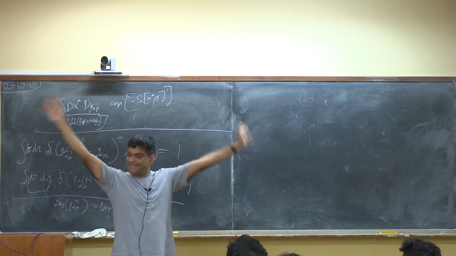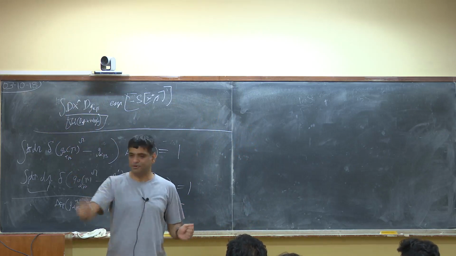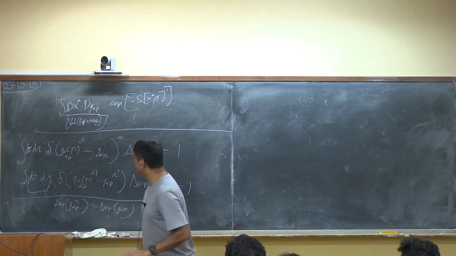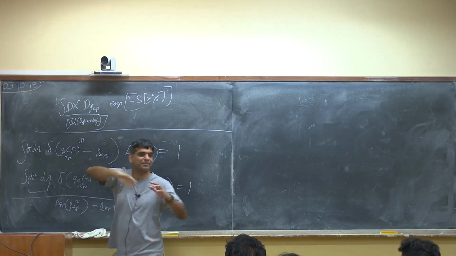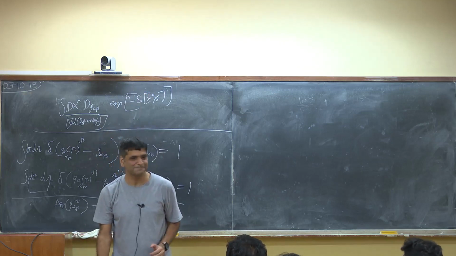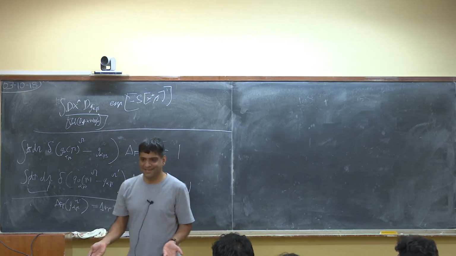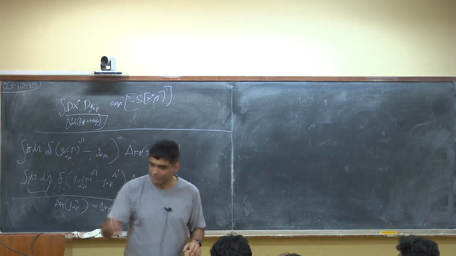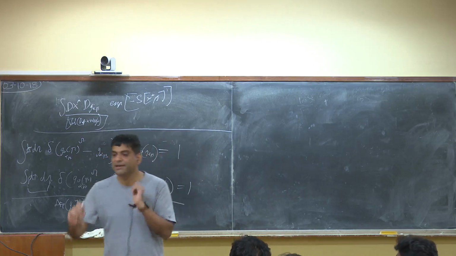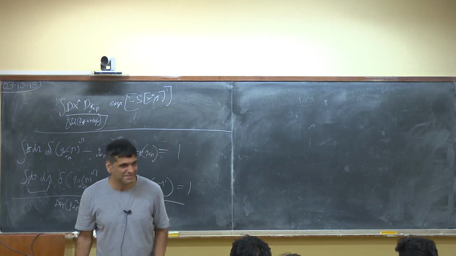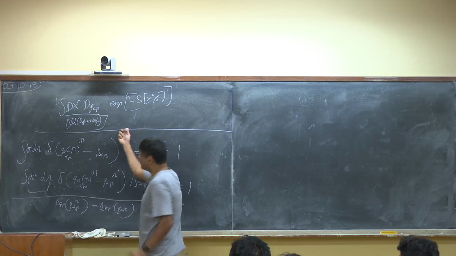Our integration space is R^d, dx1, dx2 up to dxd, and say we are interested in an integral over a radially invariant function, a function that depends only on radius. You know the right way to do that: you do the integral over r, and you pick up a measure factor, which is a constant times r to the power d minus 1, so r^(d-1) dr. You can get that by following this trick.